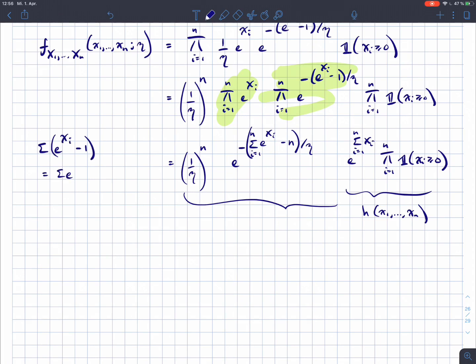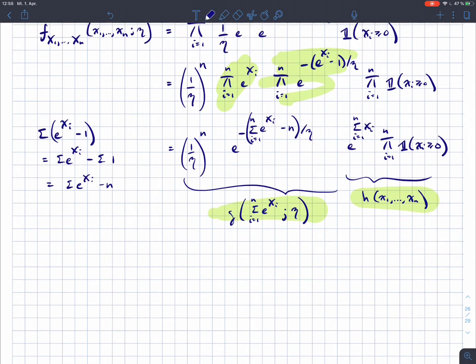That's like sum of e to the xi minus sum of 1, so sum of e to the xi minus n. So now I've got a function of the sum of my e to the xi's and of eta times a function which only involves the data.